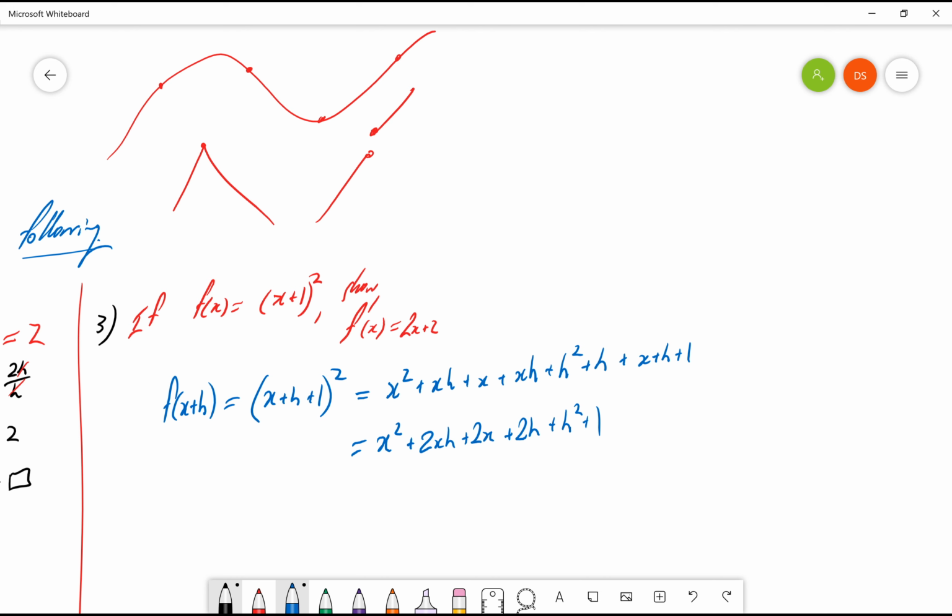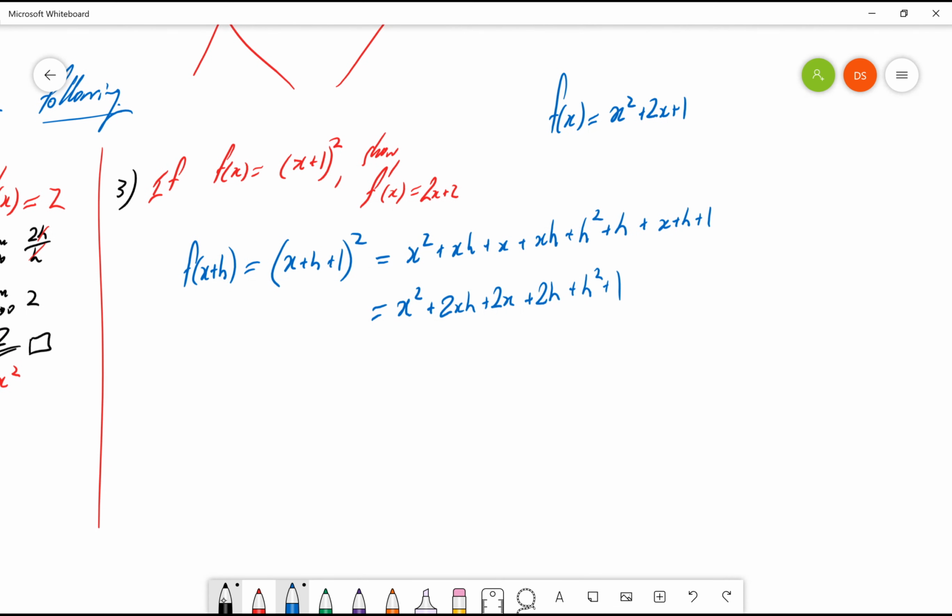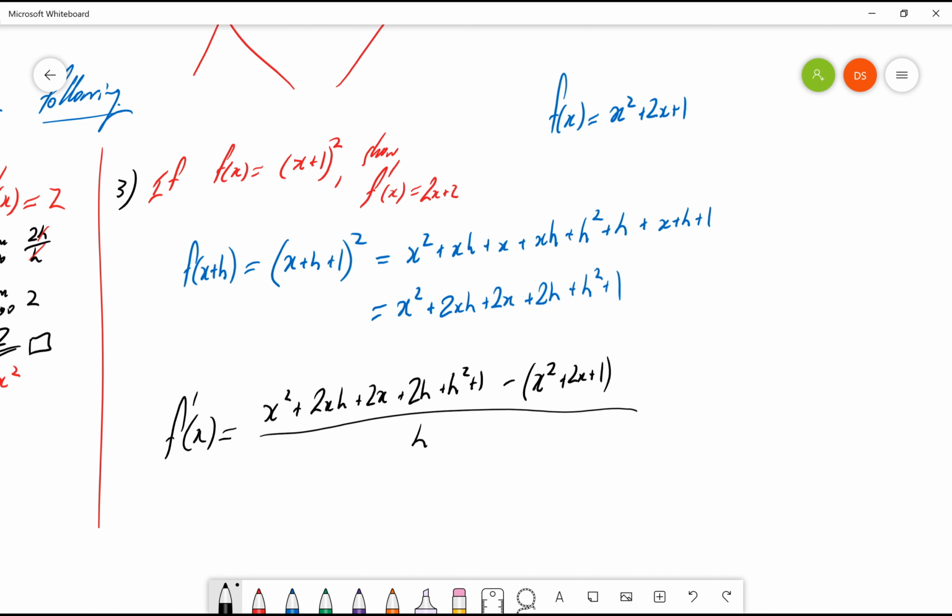All right, and then let's also just unpack what this expands to, f of x. F of x expands to x squared plus 2x plus 1. Okay, so let's put all of that onto our fraction. x squared plus 2xh plus 2x plus 2h plus h squared plus 1, minus x squared plus 2x plus 1, all over h.